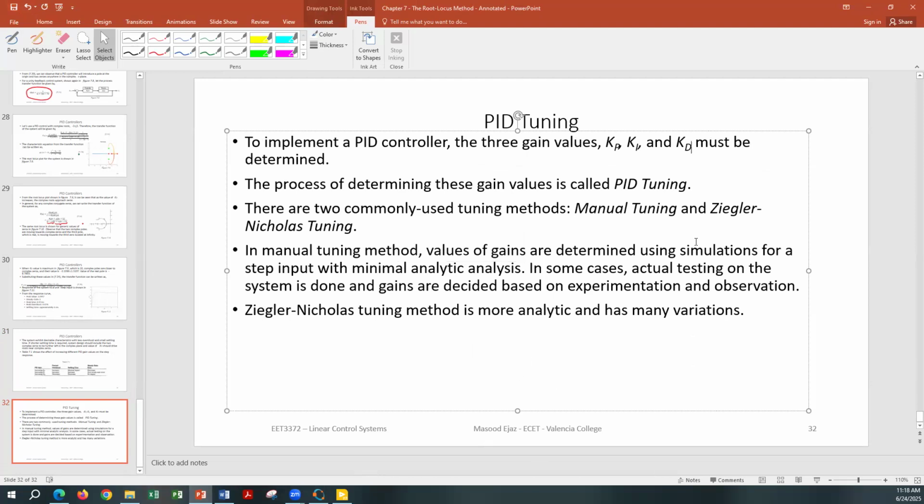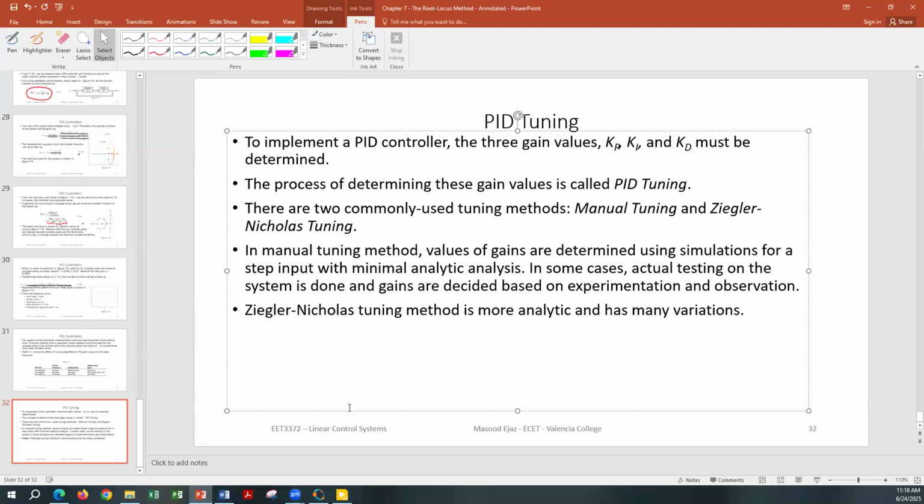One is manual tuning, and one is Ziegler-Nichols tuning. In the manual tuning method, values of gain are determined using simulation for a step input with minimal analytic analysis. In some cases, actual testing on the system is done, and gains are decided based on the values that you collect from the experimentation. Ziegler-Nichols is more analytic and has many variations. We're not discussing these two tunings at this time.